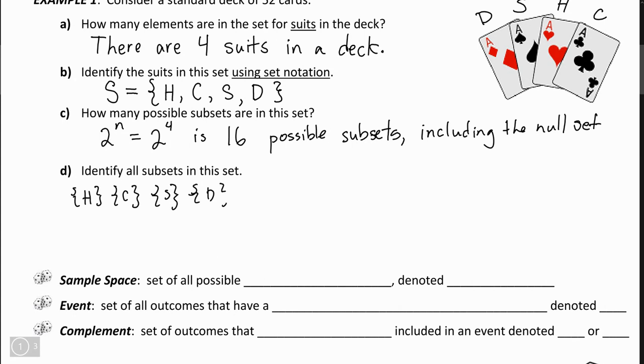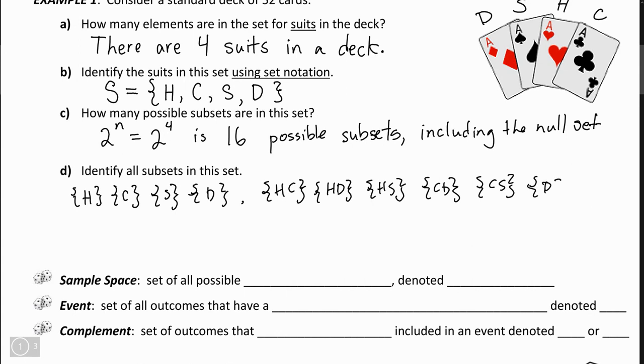And this is going to be good practice to draw curly brace brackets if this is the first time in your life that you're doing them. And then you can have subsets where you have 2 of them. So HC, and we can have HD, and then HS, and then CD, and then CS, and then DS, and then you can have the ones with 3 of them inside.